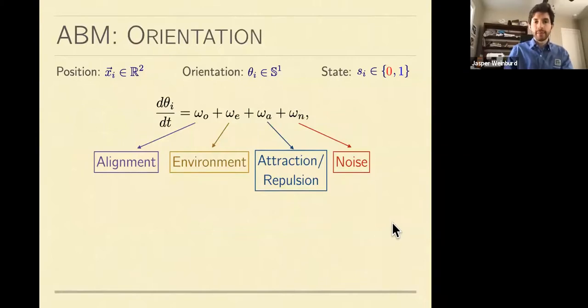And most of the action happens in this equation for theta. So each locust has a theta i, and we have an ODE, which describes how its orientation evolves. So I'm going to leave out some of these pieces. I'm going to talk about alignment and attraction and repulsion.